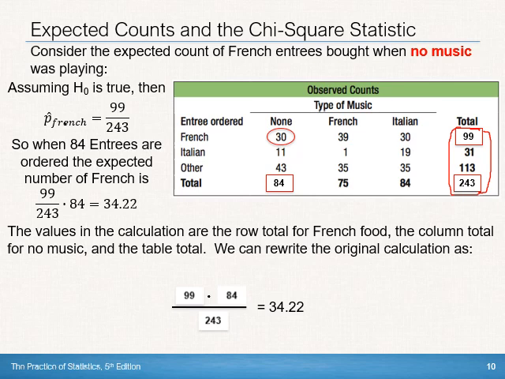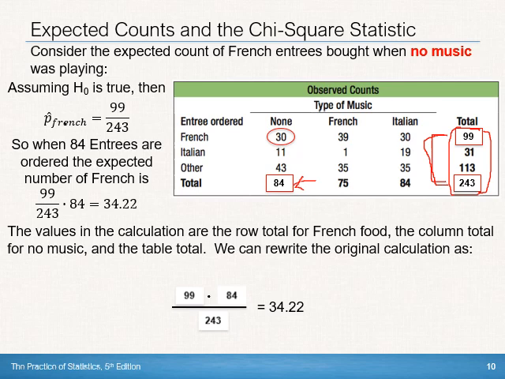So, I mean, really it makes sense if you think about it. If this ratio of these 2 numbers is really the same under all 3 music conditions, then if we started with 84 entrees one night, then the ratio of these 2 times the 84 should tell us our expected value.